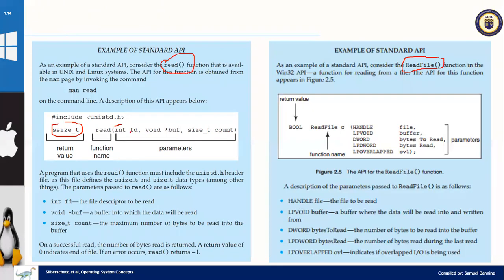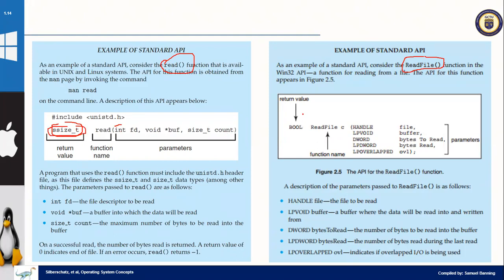The FD is an integer, the buffer is void, the count is a structure of size. If you compare these parameters to the Windows environment, the Win32 API, this is a Boolean function. In the Linux environment, the return value is a structure on its own.